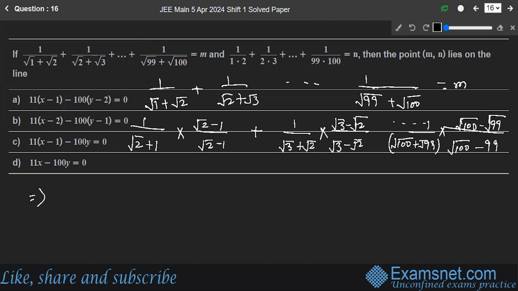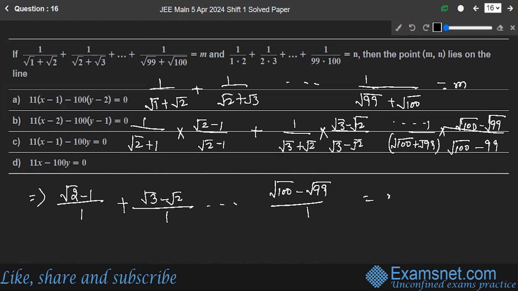Each denominator becomes 1, so this gives root 2 minus root 1 upon 1, plus root 3 minus root 2 upon 1, and so on, root 100 minus root 99 upon 1. This is equal to m.